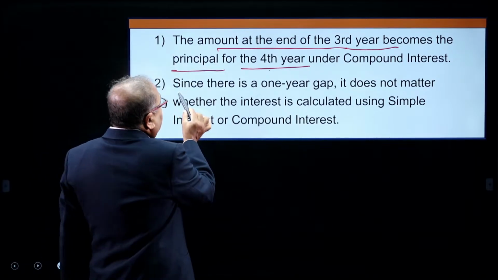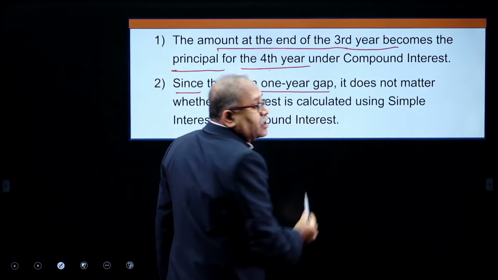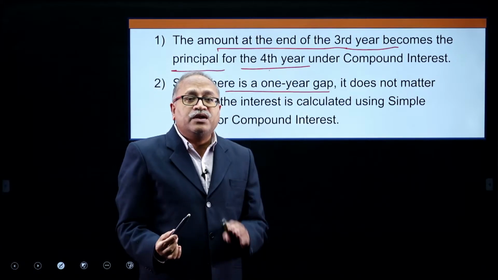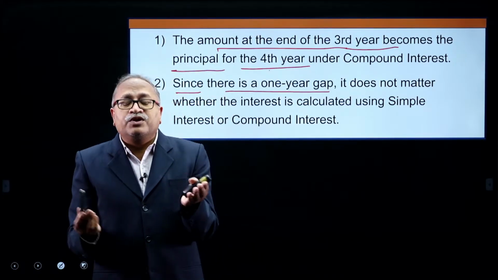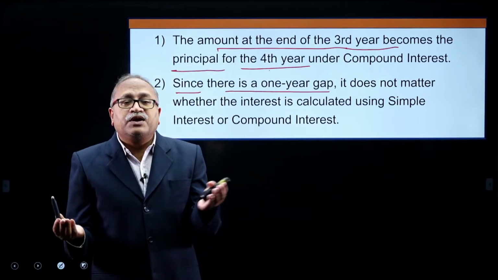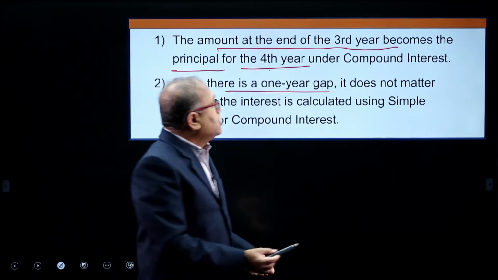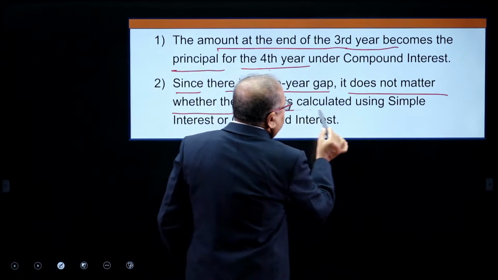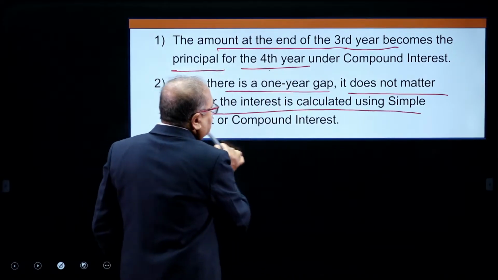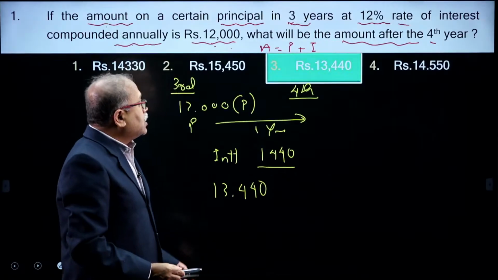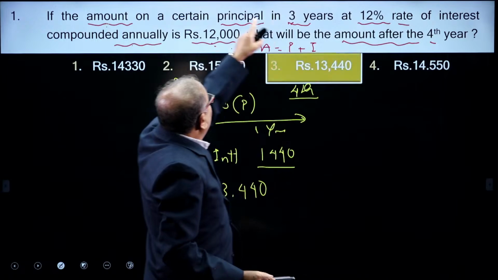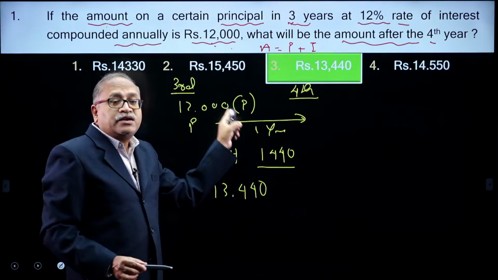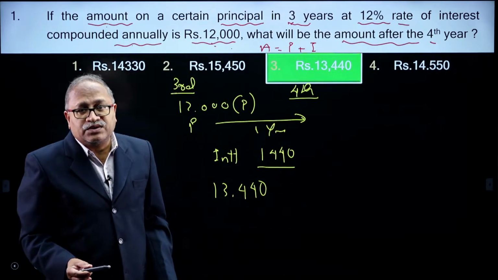Since there is only a 1 year gap, for 1 year the simple interest or compound interest is no different. Whether it is simple interest or compound interest, it does not make any difference. So, I simply calculated 12% on 12,000 and added that interest to the principal to answer the question.